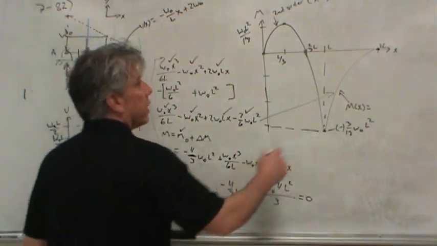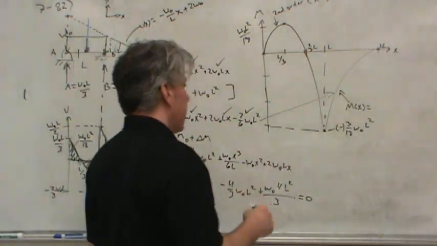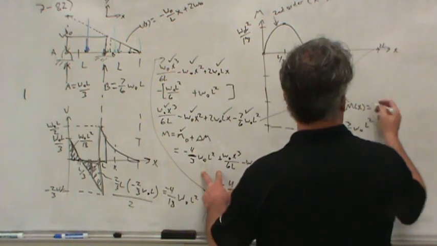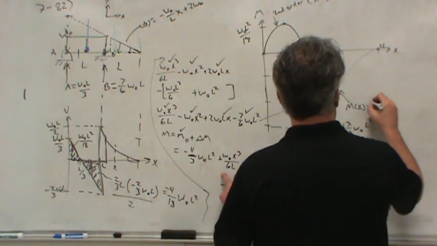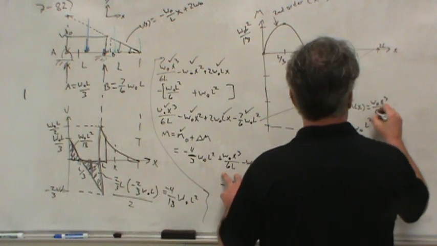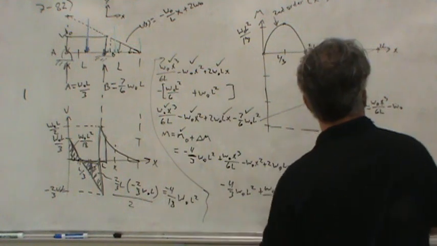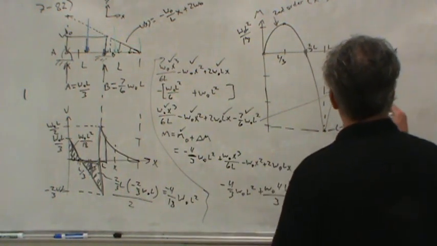So when we evaluate at x equal to 2L, sure enough, we got 0. And so now I could finish writing down the equation here. I guess I'll just copy it. W naught x cubed divided by 6L minus W, you know what, let me factor out the W naught. Maybe that'll save me some space.